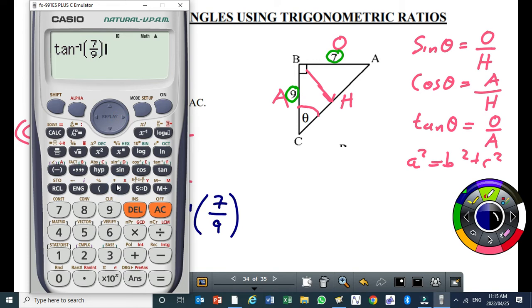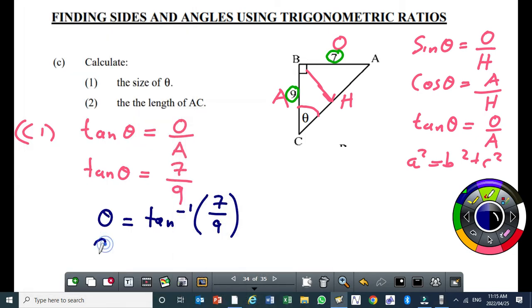Shift tan of 7 over 9, that will be equal to that. So the answer will be 37.87 degrees. Are you following? Right? 37.87. So theta will be 37.87 degrees. This will be the answer for theta.